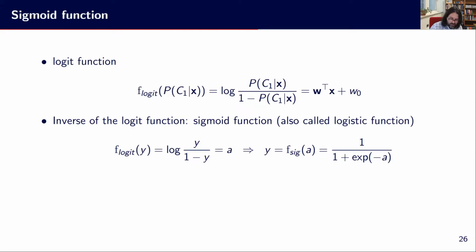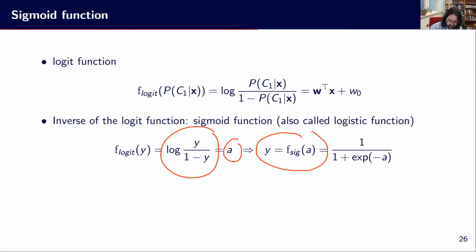And so knowing that we have this thing as the logit function, we can see that all these things are equivalent to A. So now we are looking at the inverse function. We see that the logit of y is equal to A, then the inverse in terms of sigmoid corresponds to y equal to the sigmoid function of A. And we know that A is equal to that.